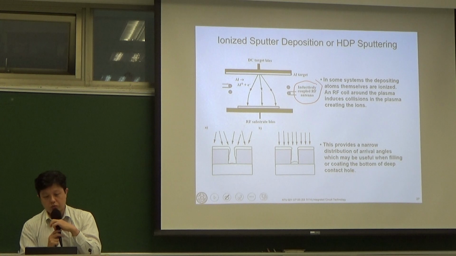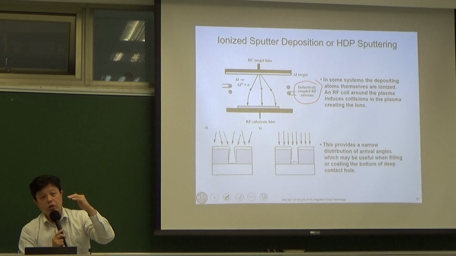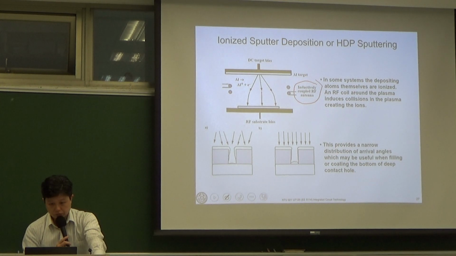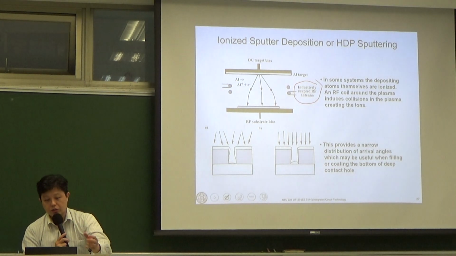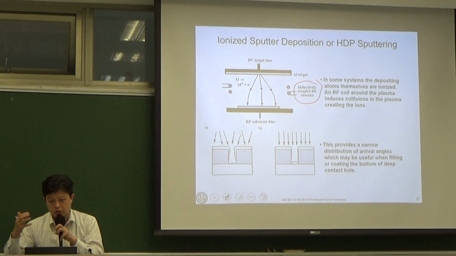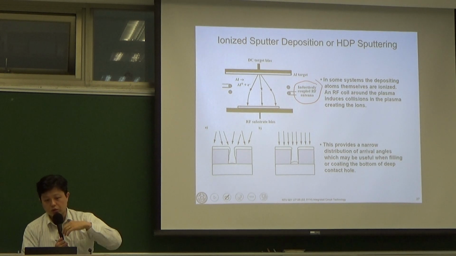Sometimes in RIE systems we only have one RF source to control the plasma. But here we may have another source to help you. You can control it independently. One is to generate more plasma, one is to control the DC.